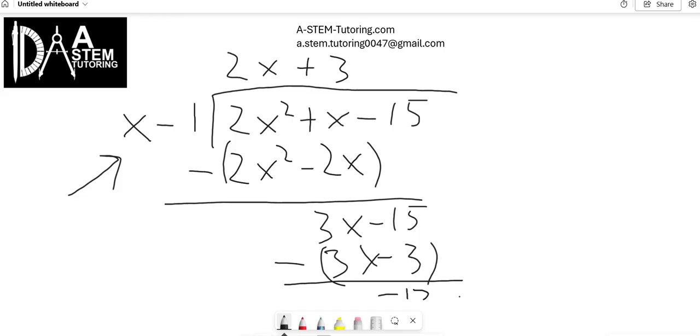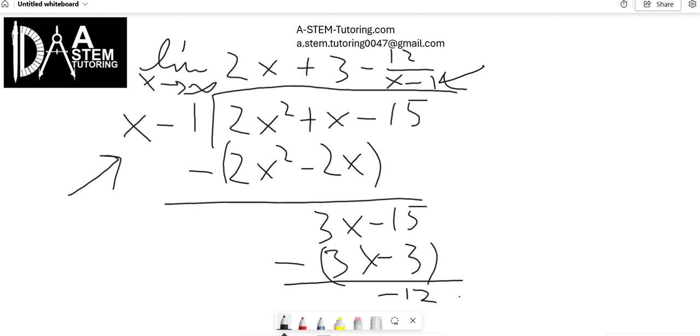So we'd have the remainder, negative 12, over x minus 1. If we take the limit as x approaches infinity, this denominator down here gets larger and larger, which means the fraction gets smaller and smaller.